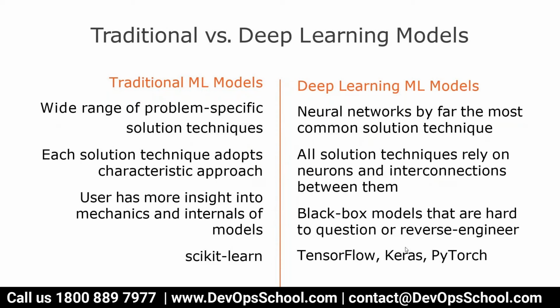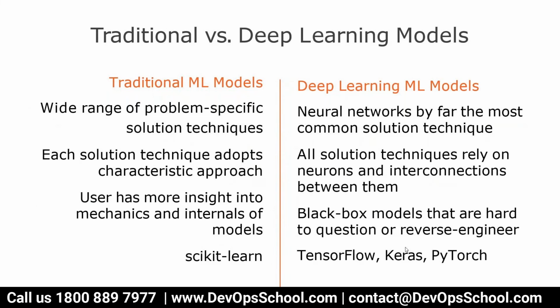Now, an example of a traditional ML library is Scikit-Learn, and that's what we are trying to cover. Scikit-Learn is a traditional ML library where you decide which model is appropriate for what kind of data, and that is its advantage. If you want to learn automatically from the data, then you have to move to deep learning models, which use neurons. Examples of neural network frameworks include TensorFlow, which is a part of it, though TensorFlow is not entirely for deep learning, it's for CI/CD also.